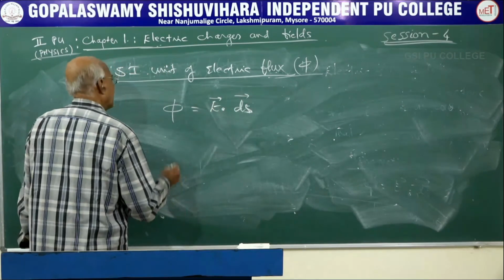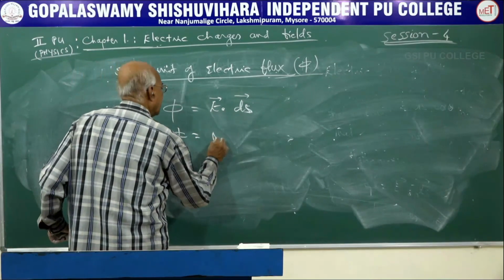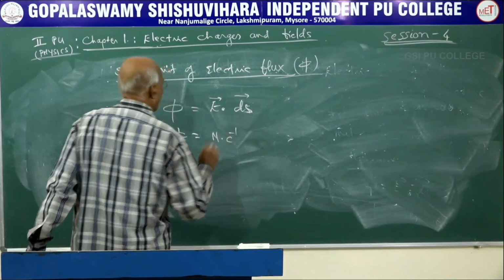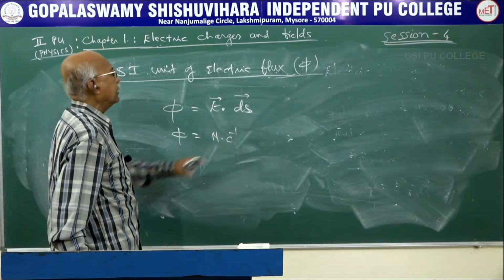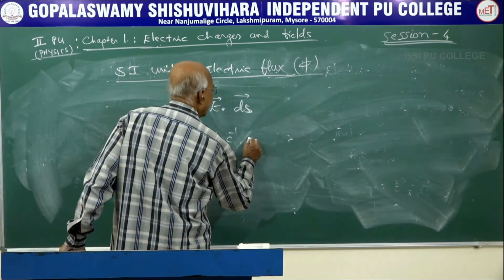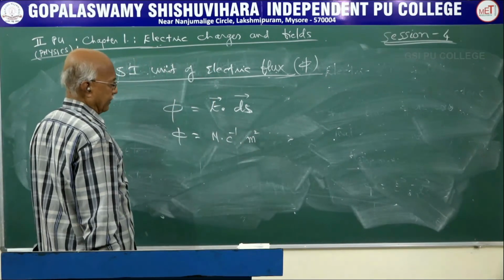Therefore, for the SI unit, the electric field is represented by Newton per Coulomb. The area is in meter square. So the unit is Newton meter square per Coulomb.